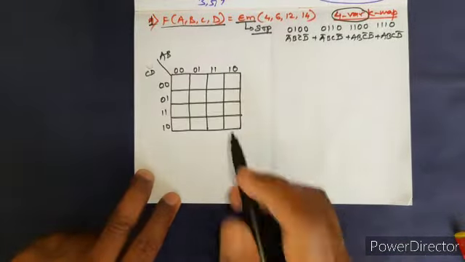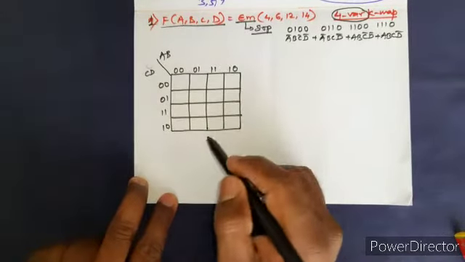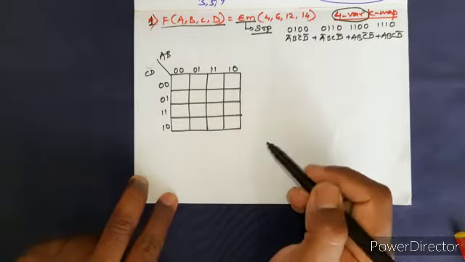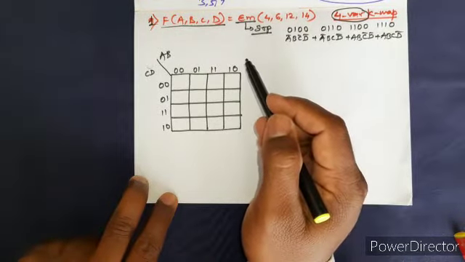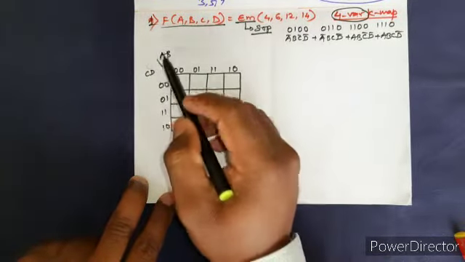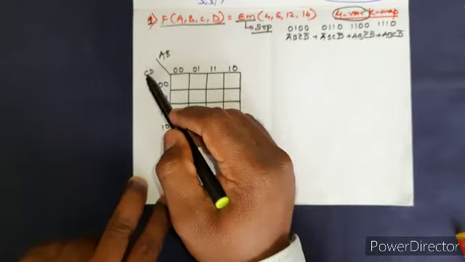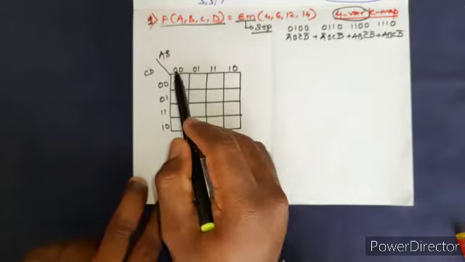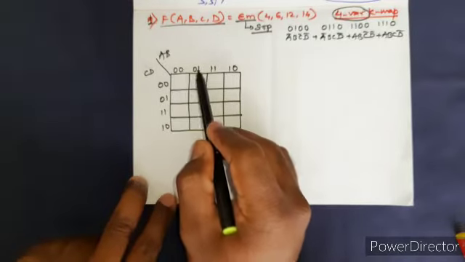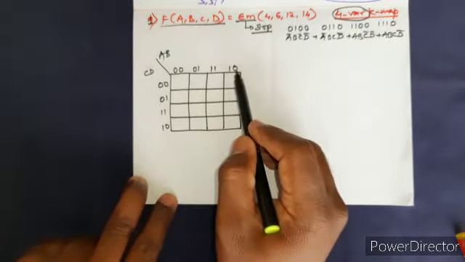Considering this 4 variable K-map, you can recall its structure. We have taken AB here and CD here. Since we have 2 variables on both sides, the pattern would be this way: 0, 0, 0, 1, 1, 1, 1, 0.